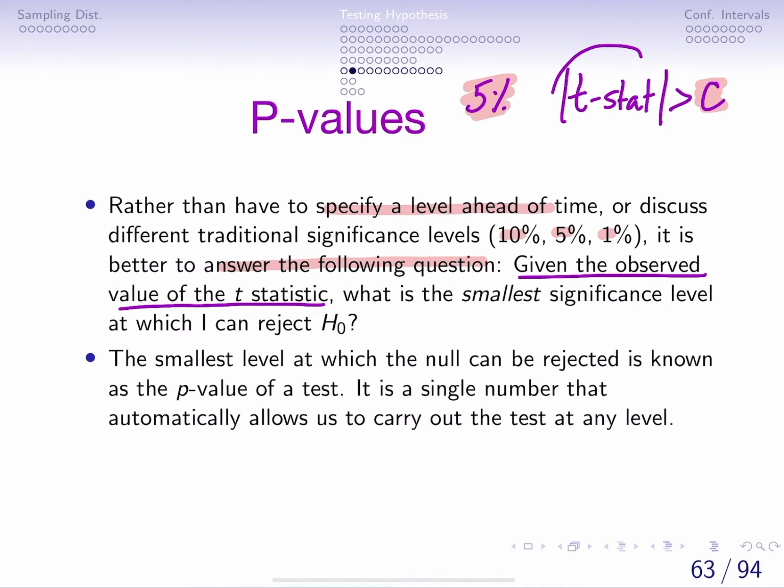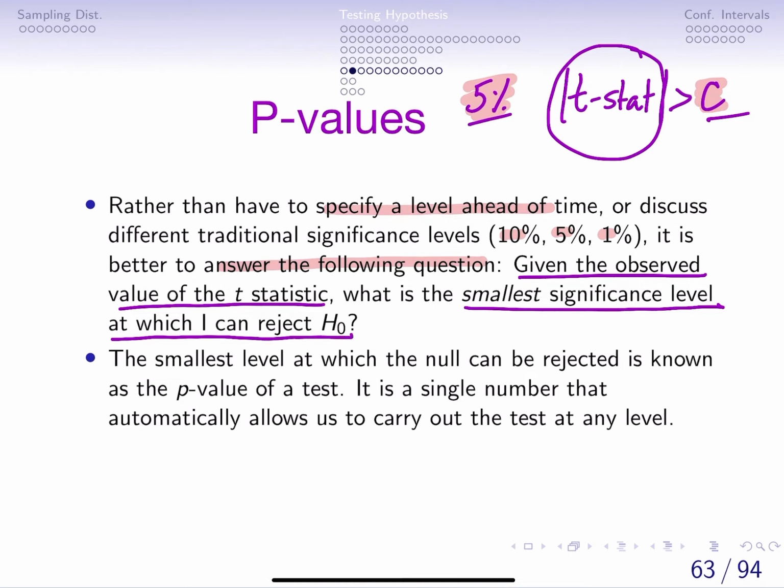We always know what the t-statistic is. Only for the critical values do we need to know the significance. So given the observed value of the t-statistic, what is the smallest significance level at which we can reject our null hypothesis? If we can answer this question, this is going to make our lives a lot easier, okay?